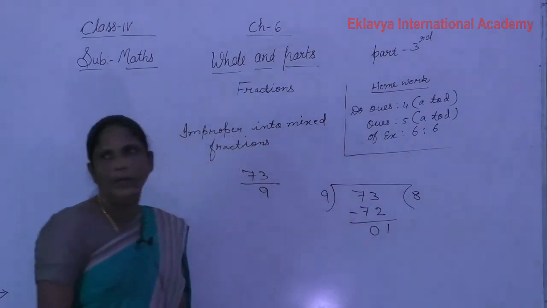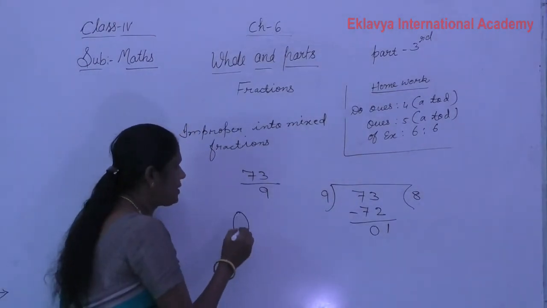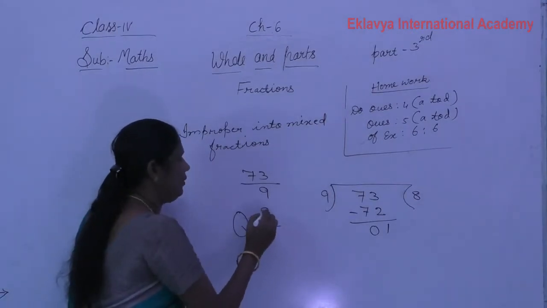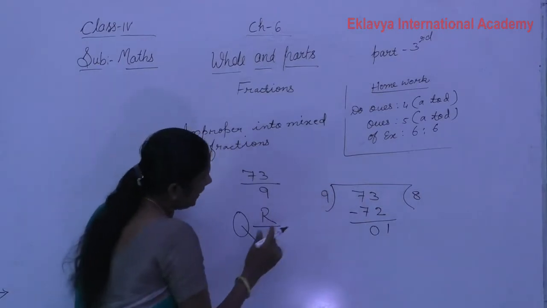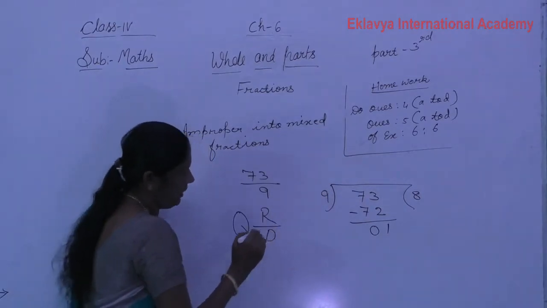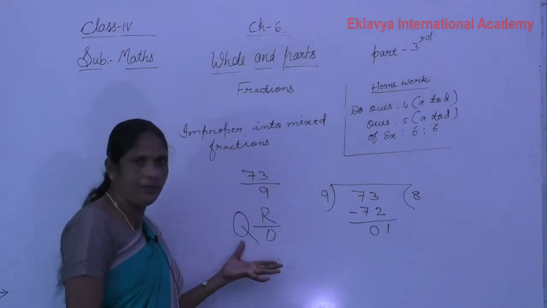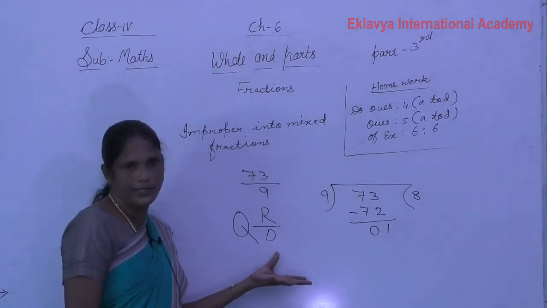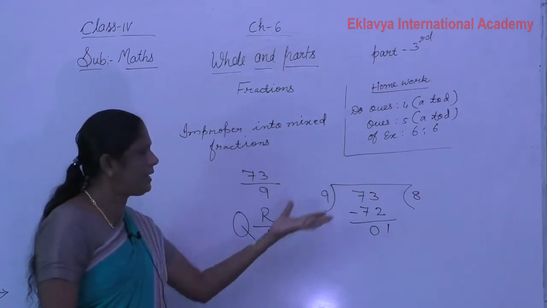Here again our formula. Quotient is your whole number, remainder is your numerator, then divisor is your denominator. What is the formula? Quotient, remainder upon divisor, that is our denominator. Here, what is our quotient?